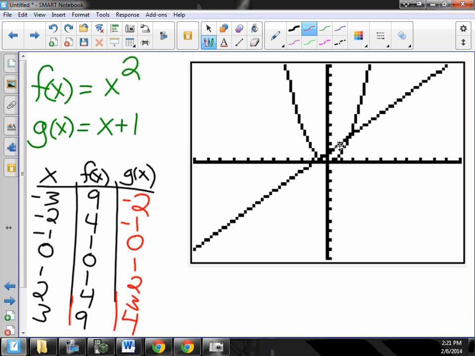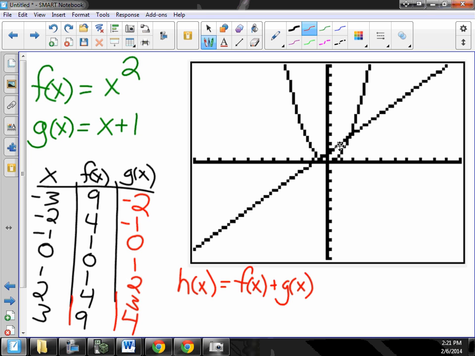Well, let's say I created a new function, and I called it h of x. And that function is created by adding the two previous functions, so f of x plus g of x. But a lot of the times, we actually want to create a function that has a name similar to the way it was created.